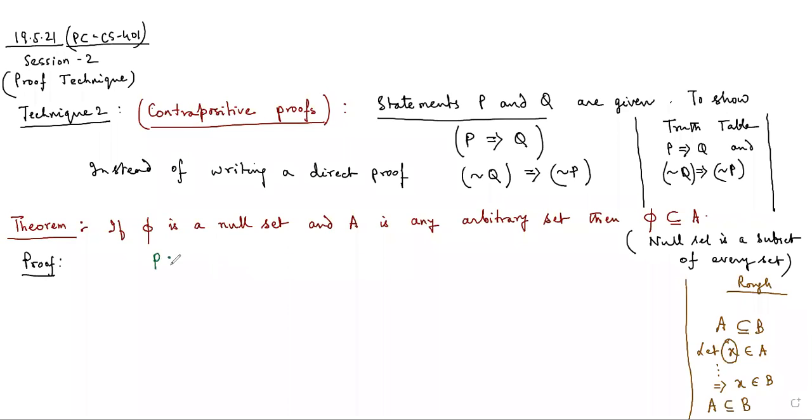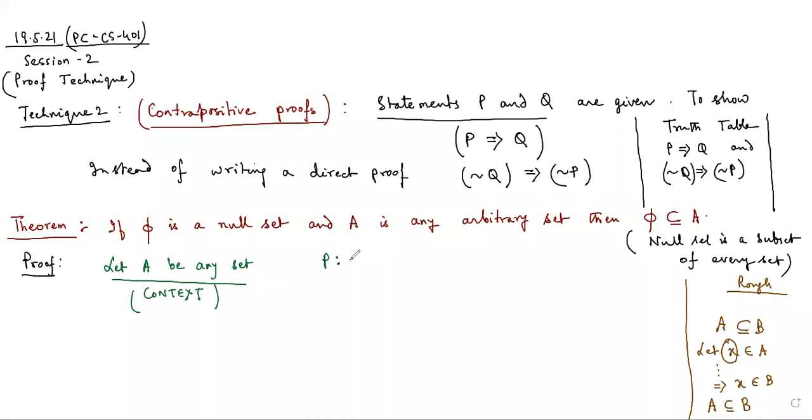Before you write P, you can say: let capital A be any set. This is the context that you have built. That means we know that you are actually talking about sets, any set.